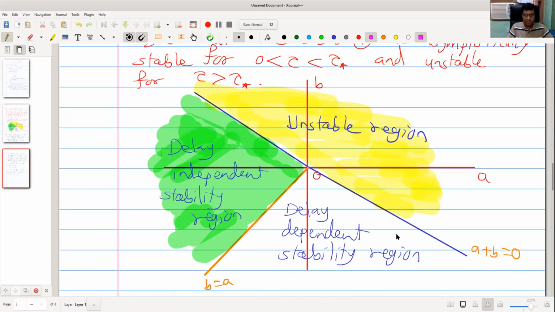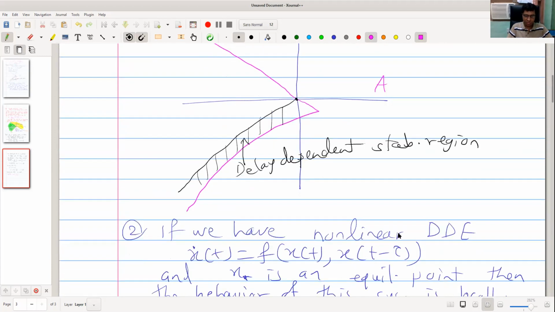So this is nothing but this curve, this lower boundary: square root of B square minus A square equal to cos inverse minus A upon B. So we have eliminated V.